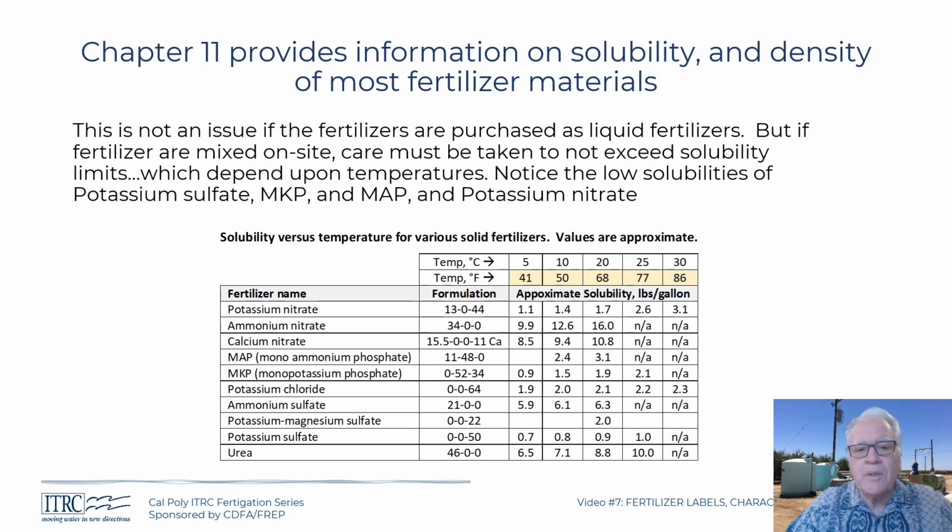So the solubility, for example, of the second one down, ammonium nitrate, you look at the numbers, and the 9.9, 12.6, 16.0, those are big numbers. And then you go down to potassium sulfate, and the numbers are 0.7, 0.8, 0.9, so they're less than 10% of ammonium nitrate. So it just means you can only mix a certain amount before it starts precipitating out.